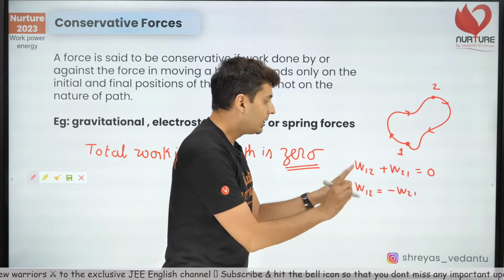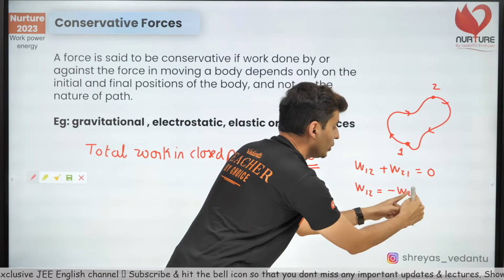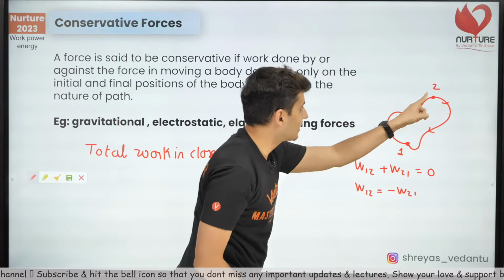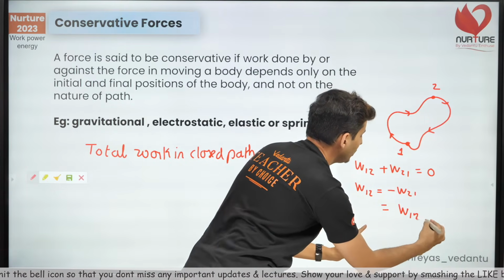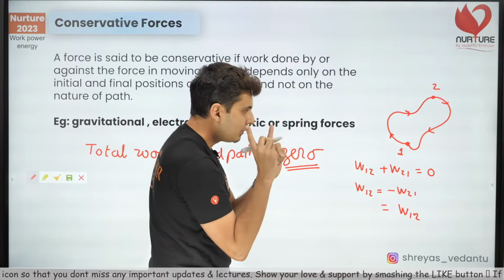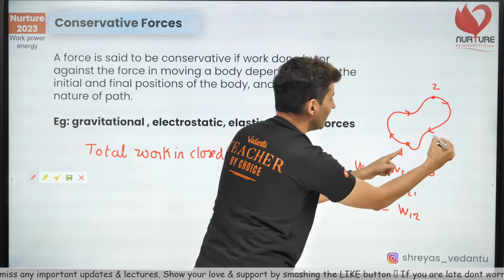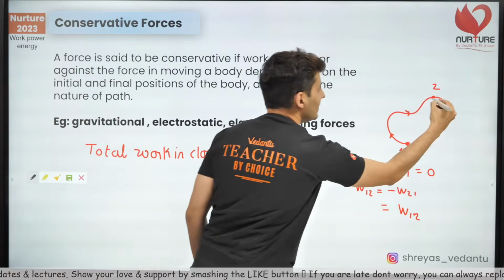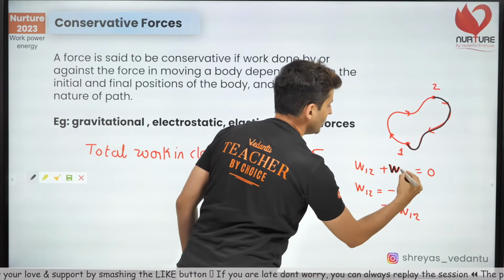but remember, I can always write this negative sign from 2 to 1. Work done from 2 to 1 is nothing but work done from 1 to 2. But there is a small catch, let me tell you. This W21 was from here via this path. This was this work. This was the W21.